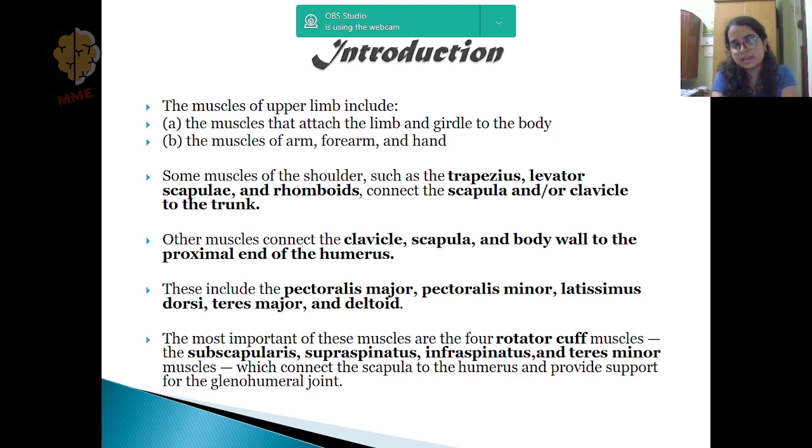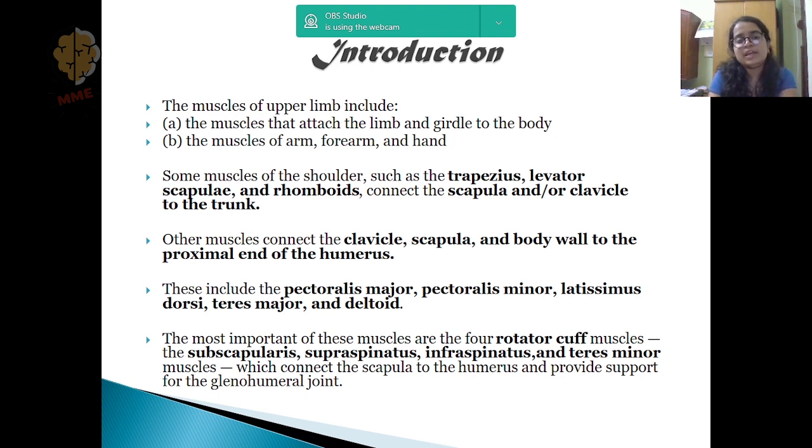The clavicle is articulated with the manubrium sterni anteriorly. So this completes the pectoral girdle anteriorly, but the pectoral girdle is basically incomplete posteriorly because there is no such bony articulation of the scapula or the clavicle posteriorly.